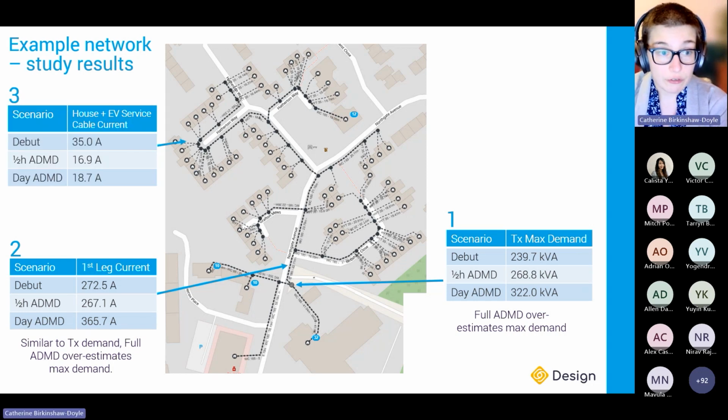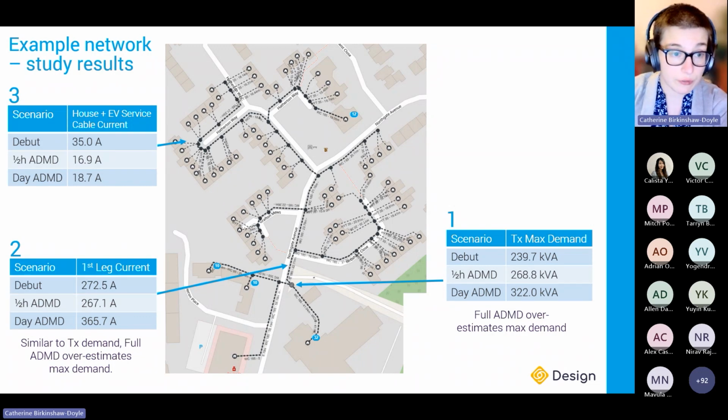The third point of interest is right on the other end of the network, the service cable current. So you can see here that the full ADMD approach has a service cable current expected to be 18.7 amps. This just comes from the straight 1.5 kilowatt model for the house, plus the 2.8 model for the EV, added together, converted to amps.